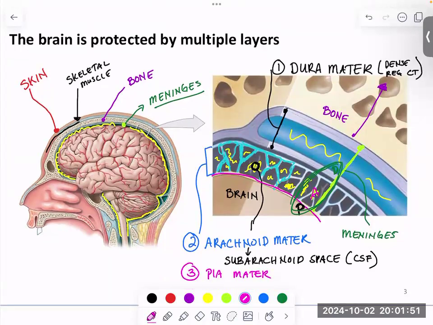That's when it'll swell. It typically happens in babies because their skulls aren't fully fused. So it'll swell, and that's the swelling of the meninges caused by the infection in the meninges.